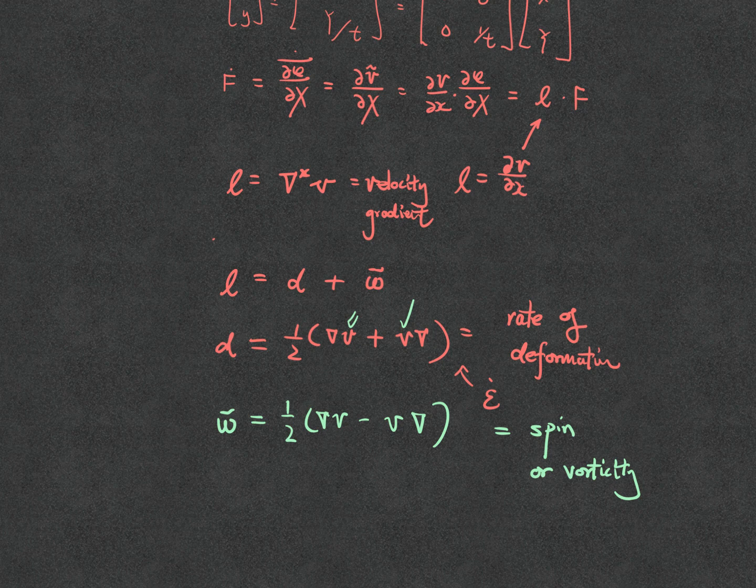What is that spin doing? So D is a rate of deformation. It literally tells you how fast the material is deforming, and what is W telling you?